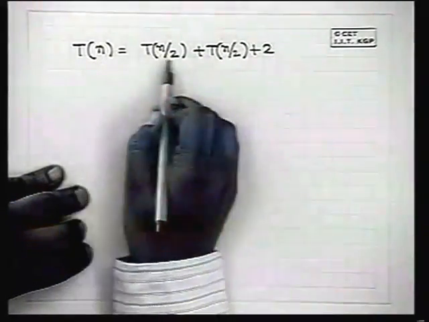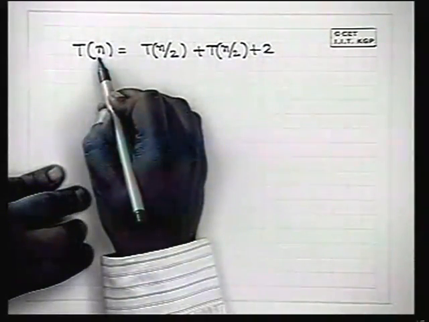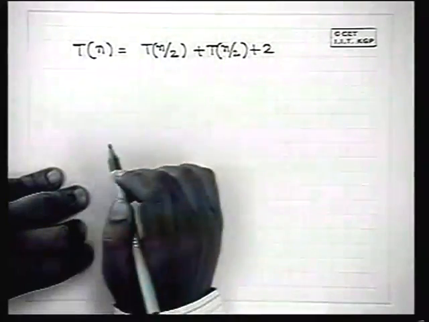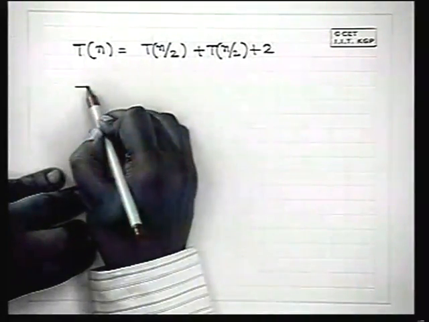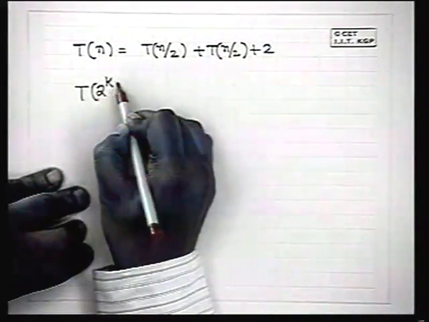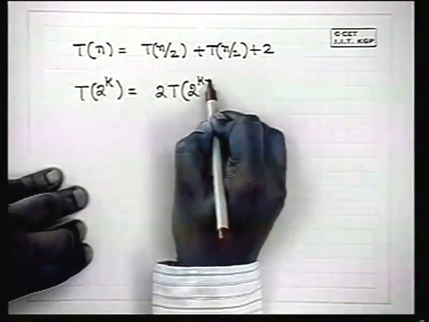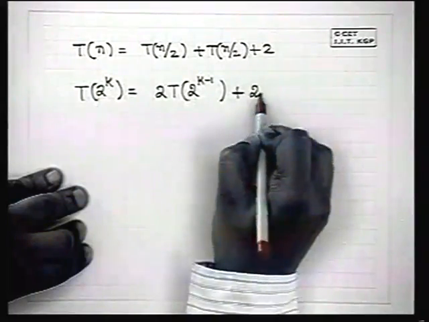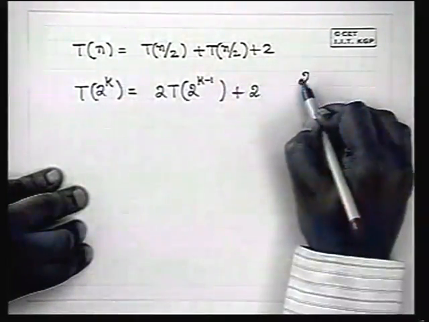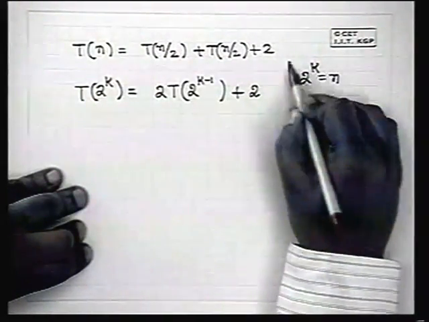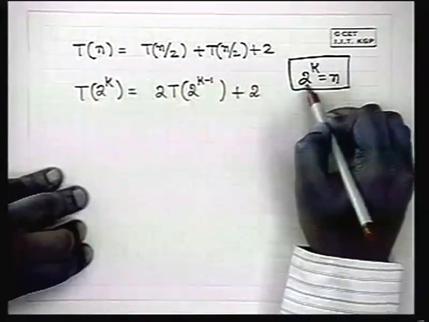Suppose n is of the form 2 to the power k, it will make it easier to analyze. So T(2^k) is equal to twice T(2^(k-1)) plus 2. We have chosen 2 to the power k equal to n. That is, suppose n is 16, then 2 to the power 4.